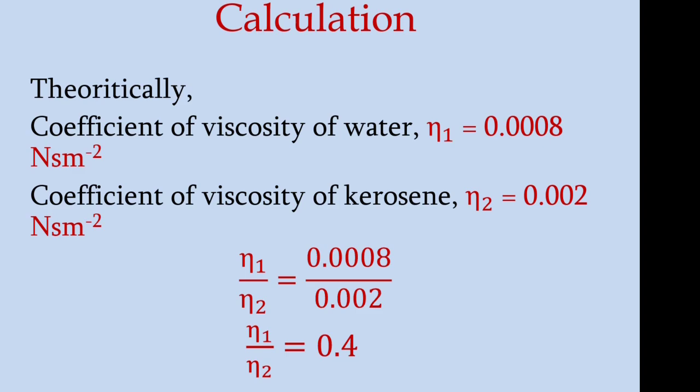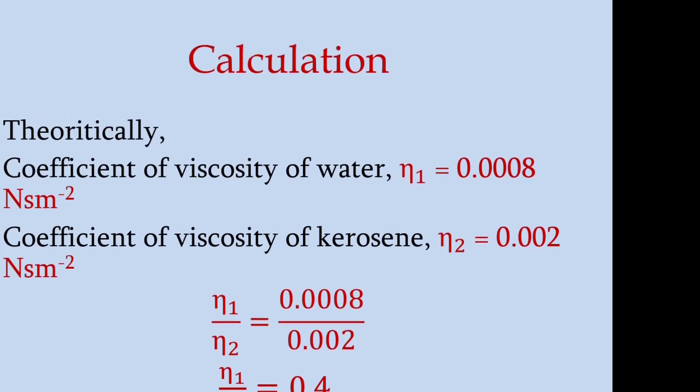I have taken it as 0.008 Newton seconds per meter square. And the same eta for kerosene is 0.002. So when you do eta 1 by eta 2, 0.008 divided by 0.002 will give you 0.4. So eta 1 by eta 2 is 0.4.